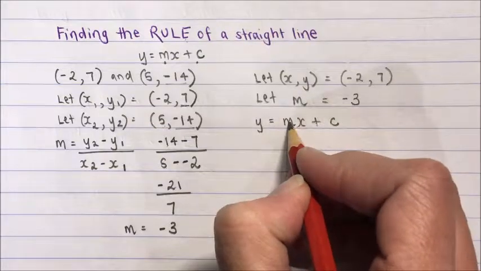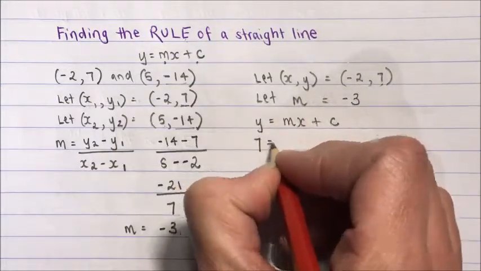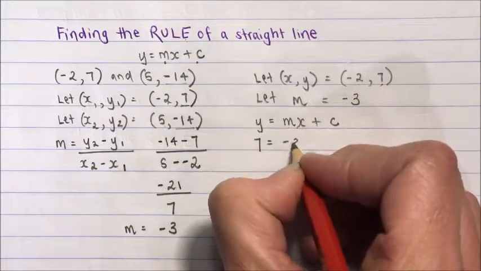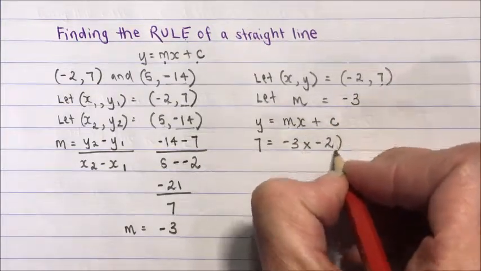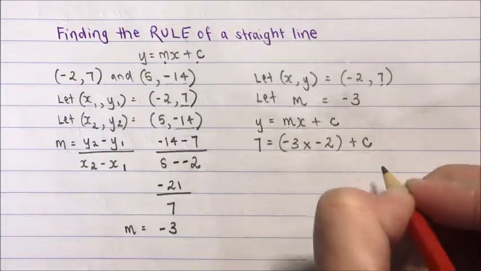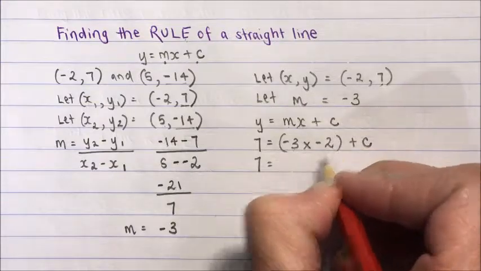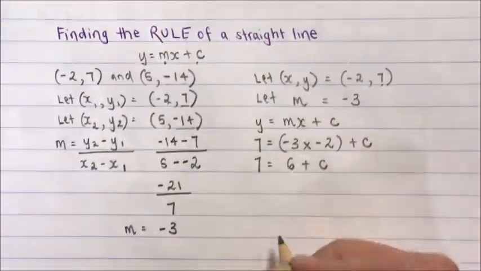And now we'll just substitute them in. So here's y is 7, equals m times x, -3 times -2, just going to put them in brackets so I don't confuse myself, plus c. So 7 equals -3 times -2 is +6, plus c.